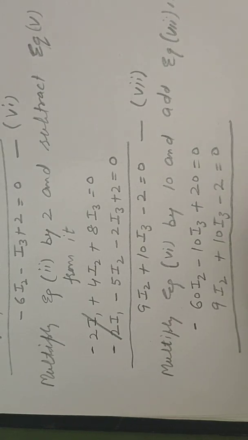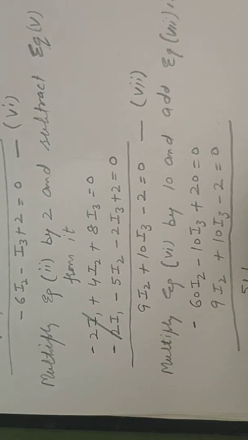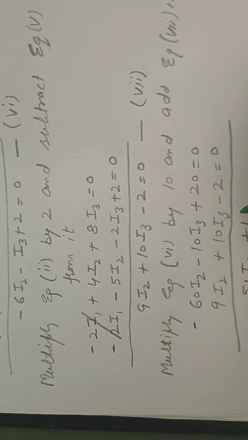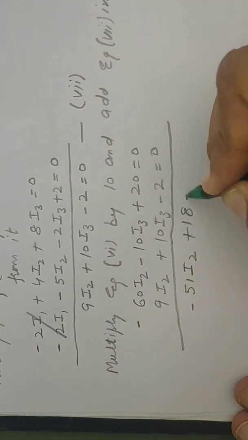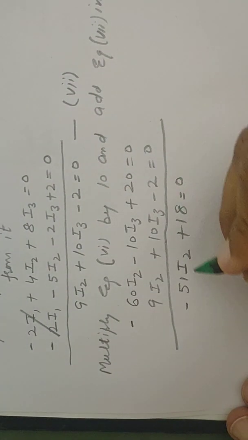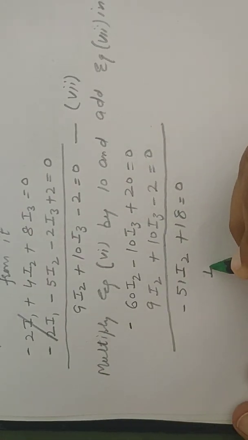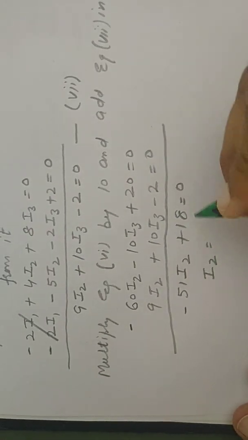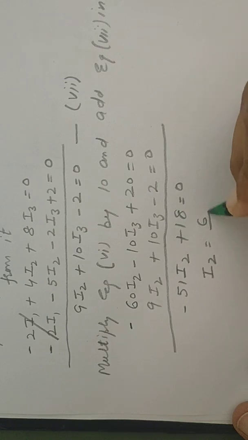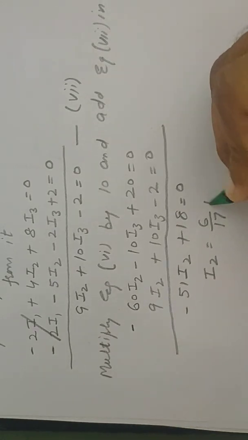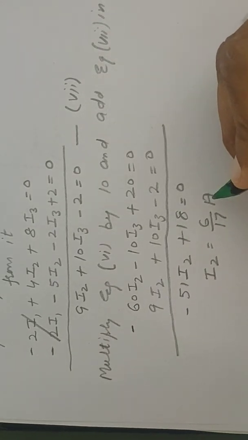Here we get minus 51 I2 plus 18 equal to 0, or I2 equal to 6 over 17 ampere.